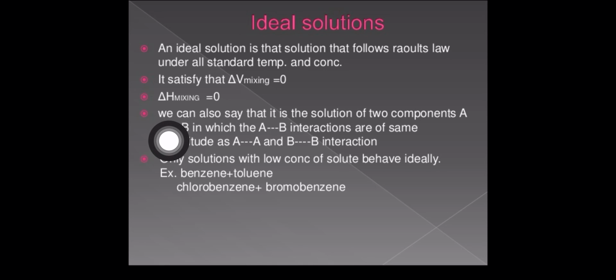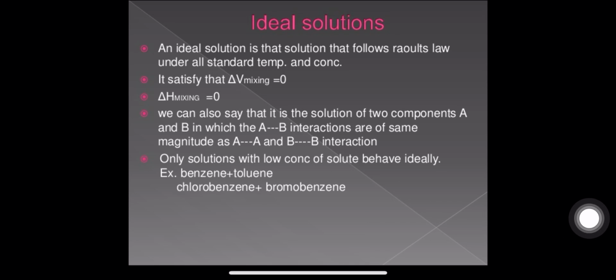It is known as an ideal solution, though there is definitely going to be an interaction. We can say that it is a solution of two components A and B, in which A–B interactions are of the same magnitude as A–A and B–B interactions.